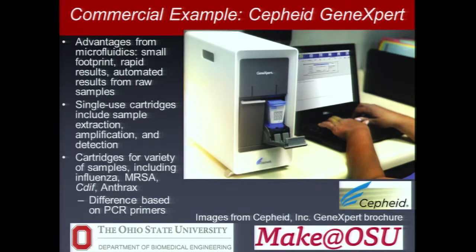So it can do a full collecting sample of the cells of interest or the infected cells of interest, breaking them open, collecting the DNA, then running the PCR reactions on those. It's all done inside this machine, so once you put in the sample, the user doesn't interact with it anymore, and then they get the result out on a nice graph on the computer.